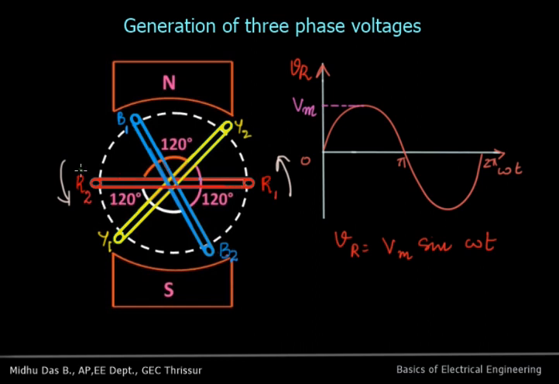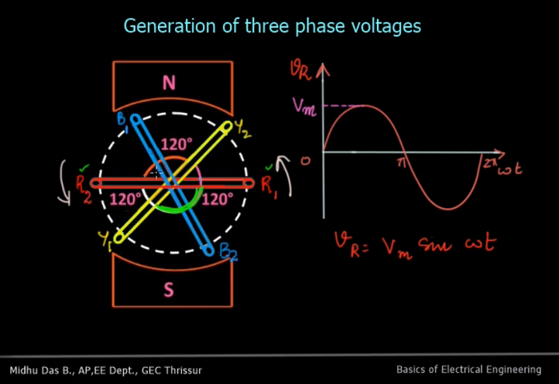If this is the R1 R2 coil, Y1 is displaced from R1 by 120 degrees, and the B coil is displaced from Y1 by another 120 degrees, or 240 degrees from R1.